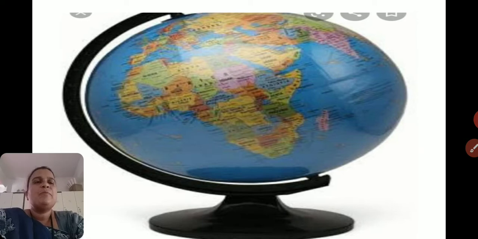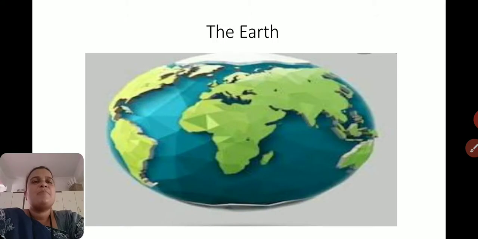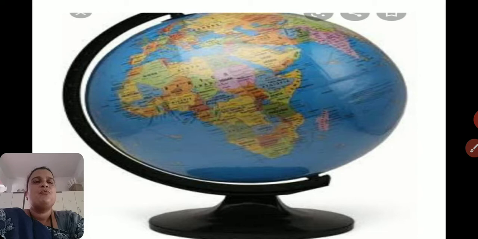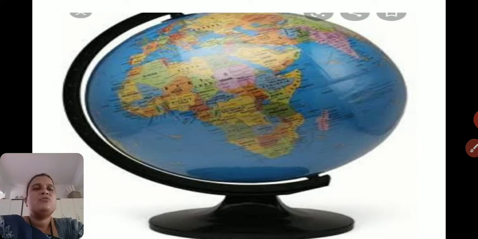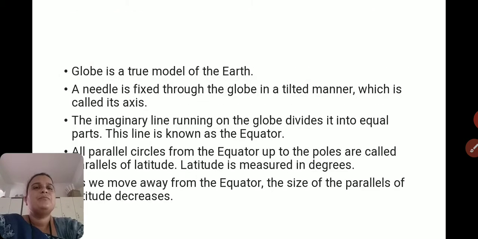We cannot see such an axis on the planet Earth, so we can see the axis only on the globe.